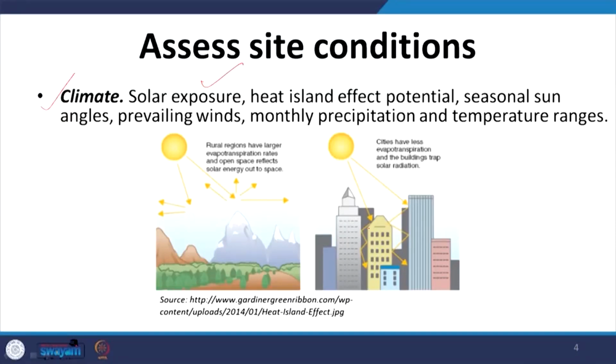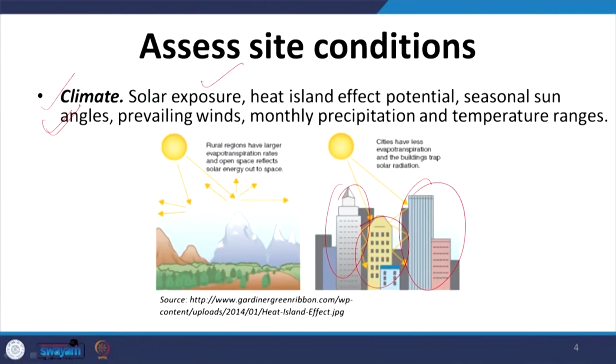For example, there may be a lot of buildings around the site and they may actually block all the sun which is coming onto the site, or there might be buildings on one side of the site under consideration and the other side might be free. How much of the hard surfaces are there around and all that will also come in climate.